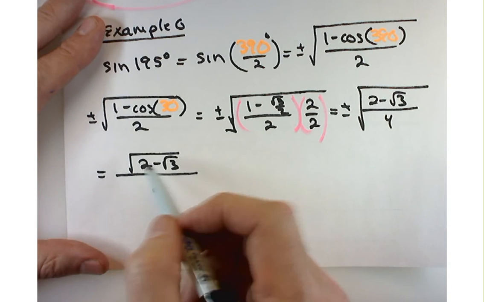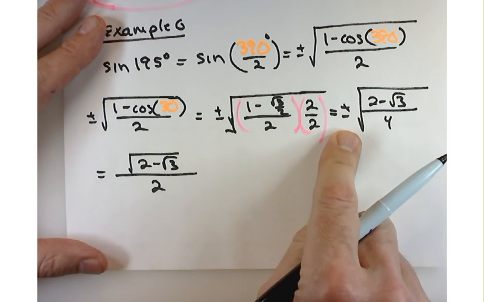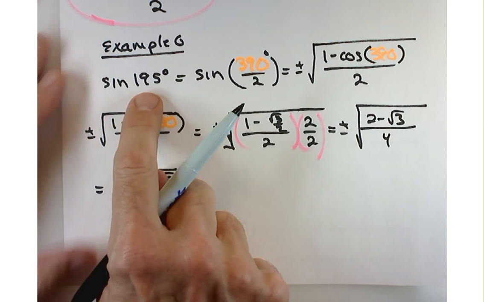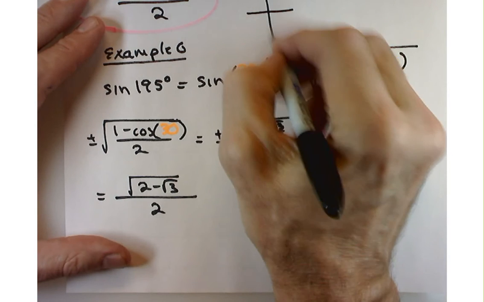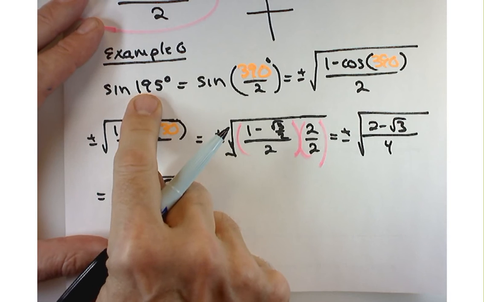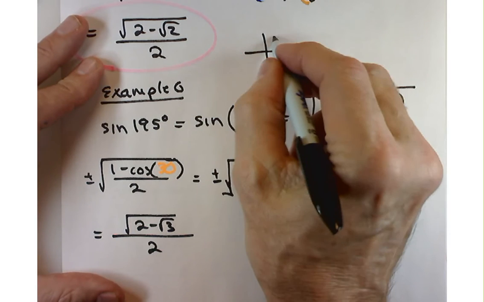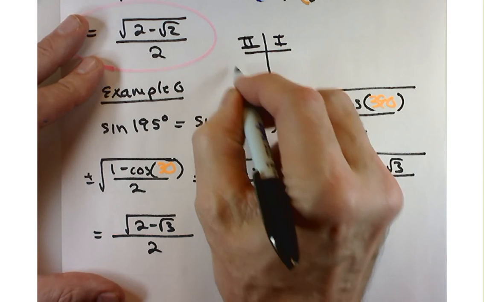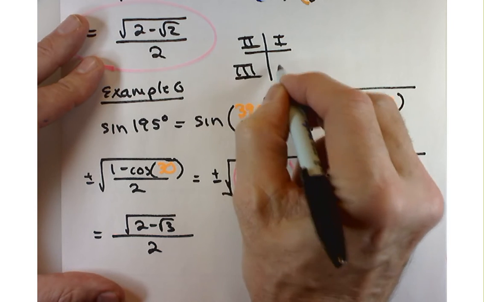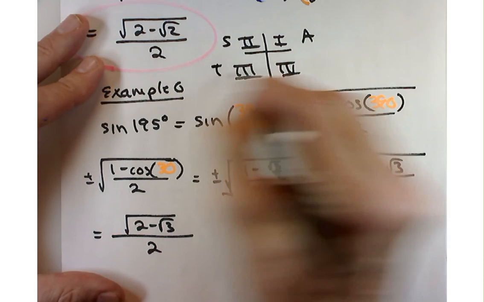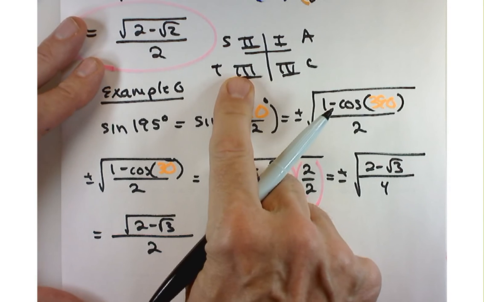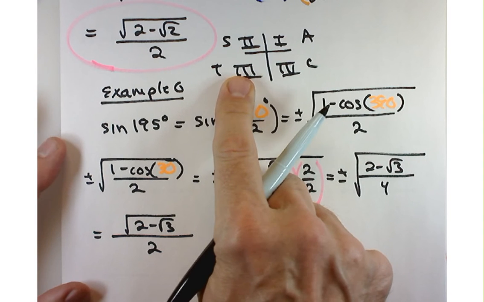But now we have to decide, is it going to be positive or negative? And here's the thing. Think about 195 degrees. What quadrant is 195 in? First, second, third, or fourth? All students take calculus. Is sine positive or negative in the third quadrant?